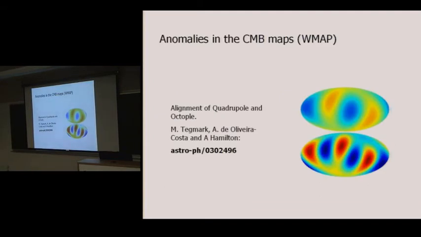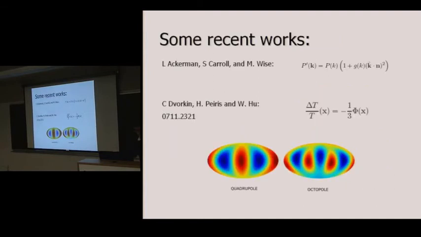As we see with WMAP, these are the very early papers, actually 8 years ago. So in 2003, people found the alignment of the quadrupole and octupole along basically a single direction. And later on, these theorists, Ackerman, Carroll, and Wise, proposed a so-called ACW model, which is a direction-dependent primordial power spectrum, to try to explain the alignment of the quadrupole and octupole.